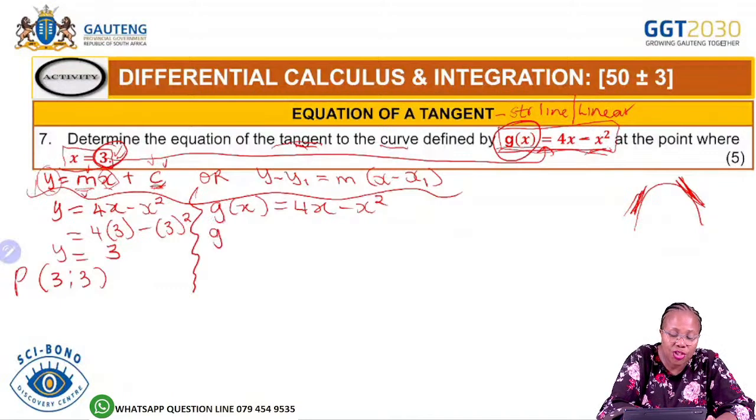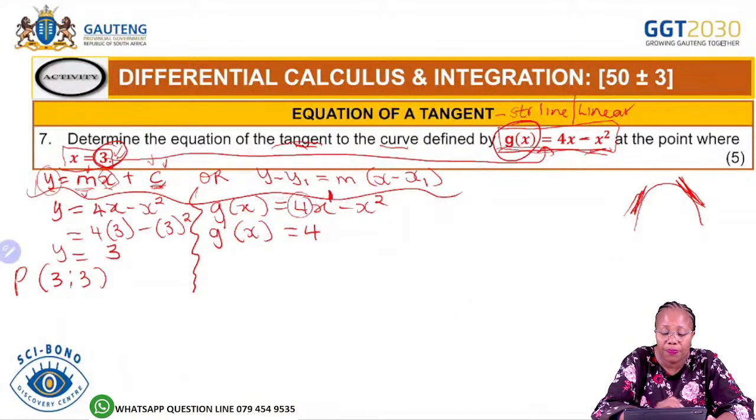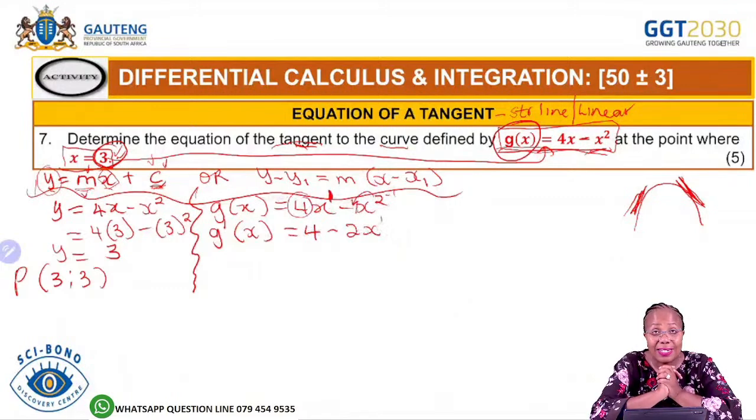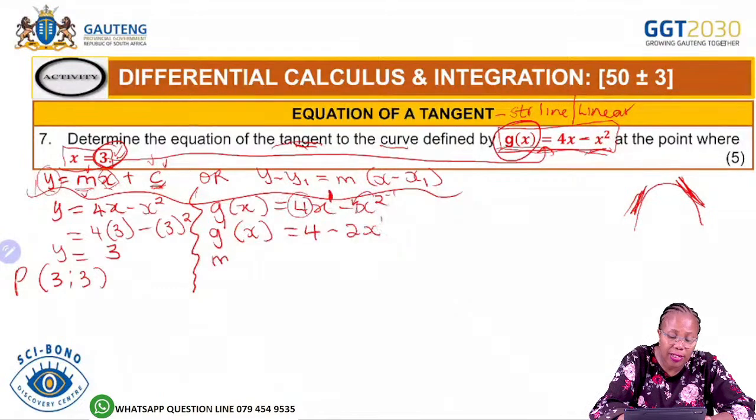So we are looking at g derivative of x. Remember, if it is x to the power 1, our derivative will be the coefficient, which is 4. And then for the next one, it will be 2 times minus 1, which will be minus 2x. And then we minus 1 from the exponent, so it will be to the power 1. That is the derivative. The minute you have derived, this is now the gradient of a tangent.